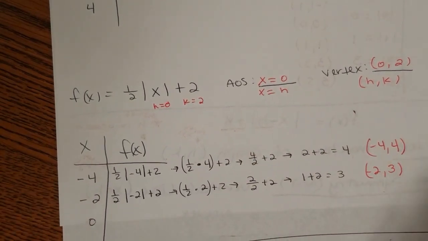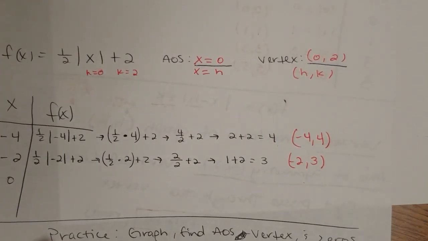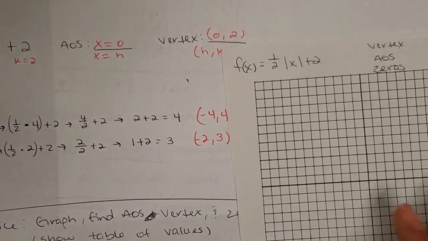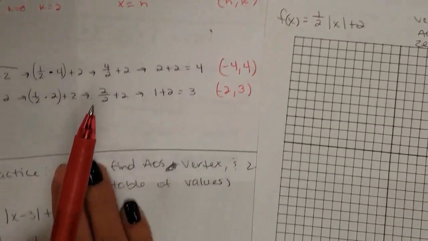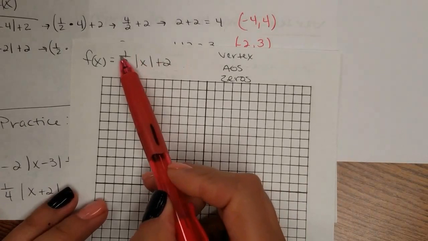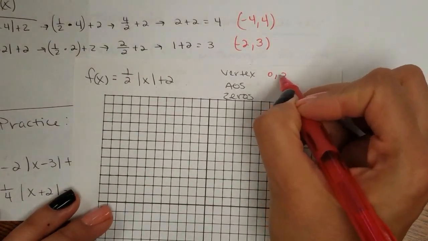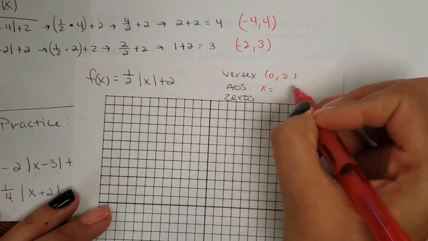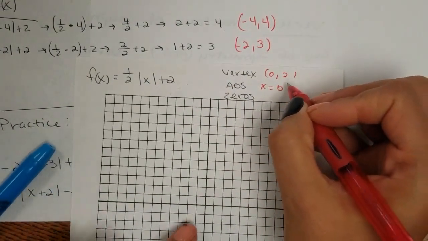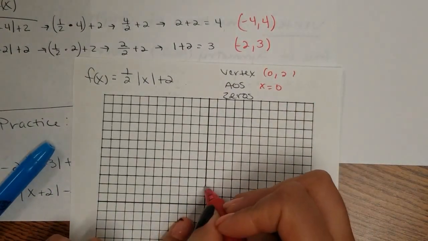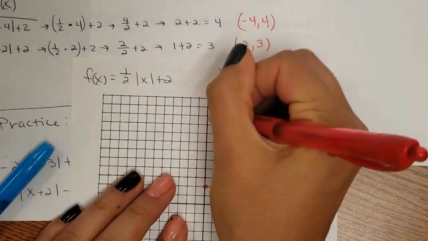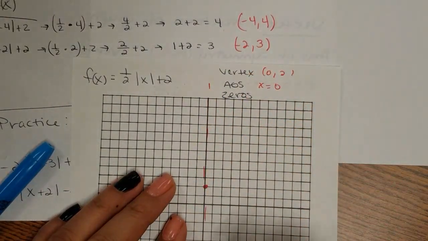So I have 2 points here, so I'm going to go ahead and sketch my graph. Okay, so here's our equation. We know that our vertex was at (0, 2), and our axis of symmetry was the line x equals 0. So you start at the vertex, (0, 2), with the axis of symmetry through the middle.